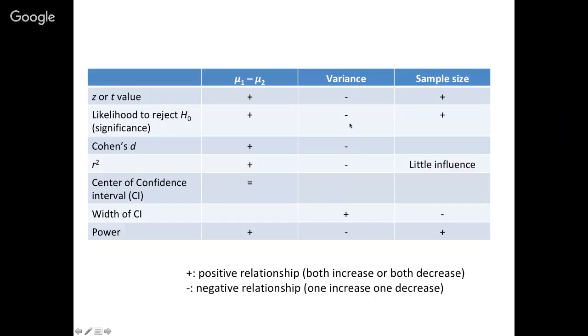Because it reduces the likelihood to reject H0, meaning it reduces the likelihood of obtaining a significant result. And it also reduces Cohen's d, the effect size. Both Cohen's d and r-squared are effect sizes.